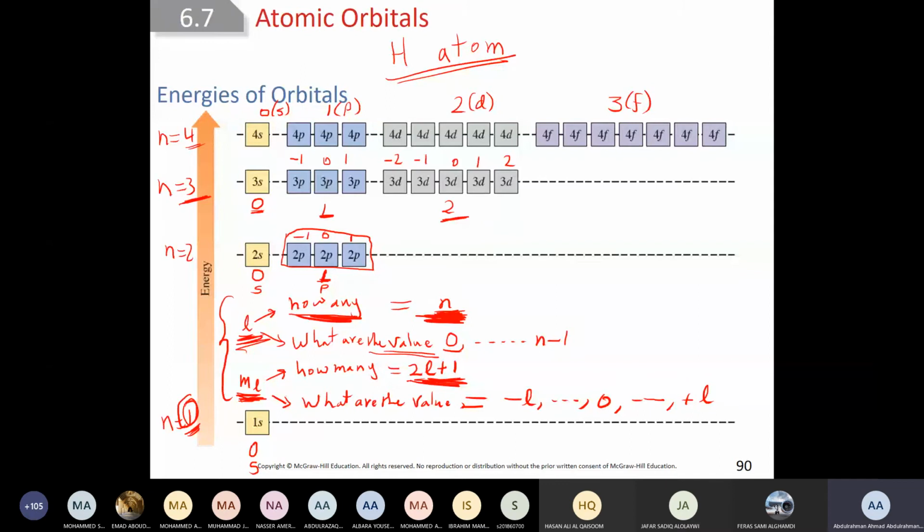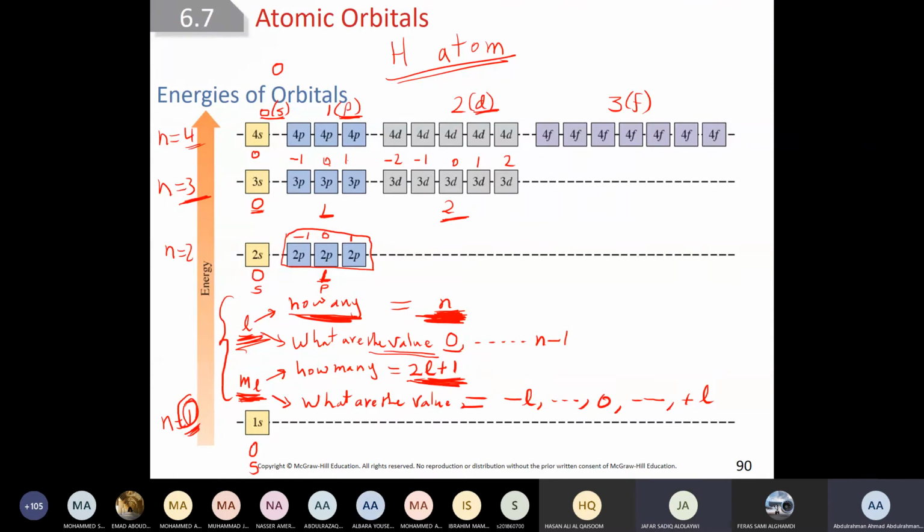If L is 0, how many ML do we have? 1, and the value is 0. When L is P, how many solutions? 3 solutions. What are the values? -1, 0, and 1. When L is 2 or D, how many solutions? 5.